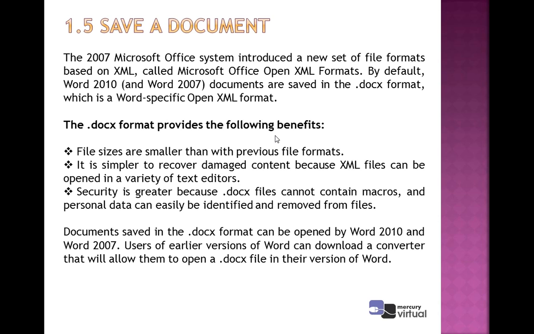Next topic is how to save a document. That is 1.15. That is how to save a document in MS Word 2010. The Office 2007 system introduced a new set of file formats based on XML. Before 2010, there is a version that is Office 2007, known as Microsoft Office Open XML formats.